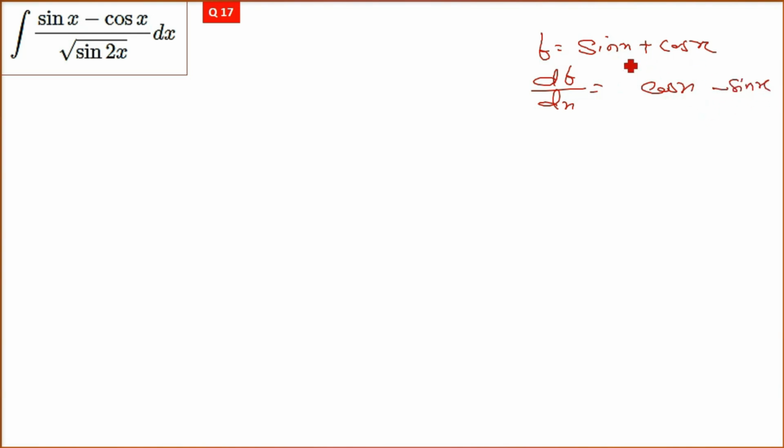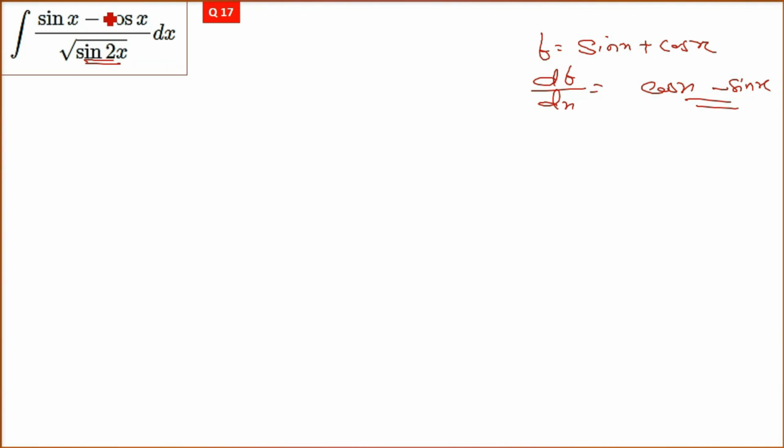Now you see we have got the numerator, just a negative sign. If you take it out, you will get the numerator. So in order to get the numerator, we ought to convert this sin 2x in terms of sin x plus cos x. That is the tip which I can give you for this question.